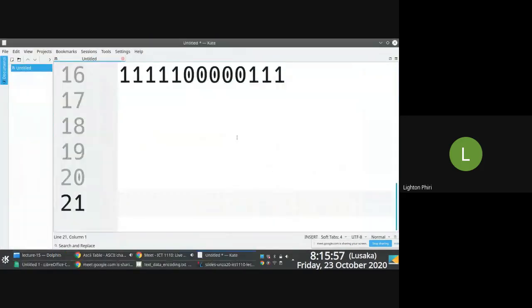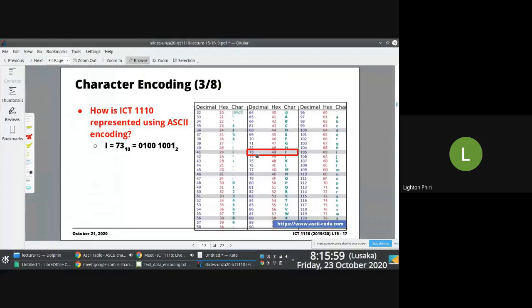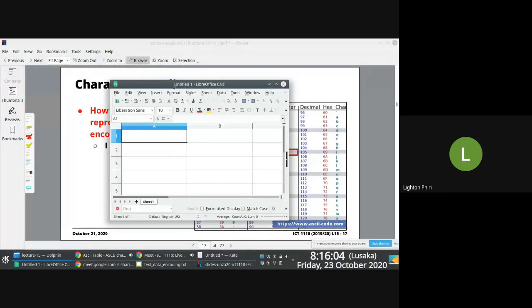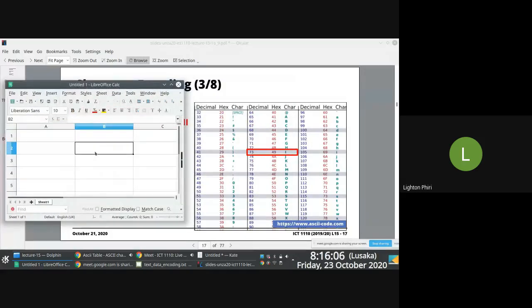So you come here and say, okay, I is 73 base 10. Then I'm going to repeatedly divide 73 by 2, where I have my quotient and my remainder here. One and the same; you just choose whatever you feel comfortable using here. This is where you actually need a calculator, but I guess I could divide by 2.